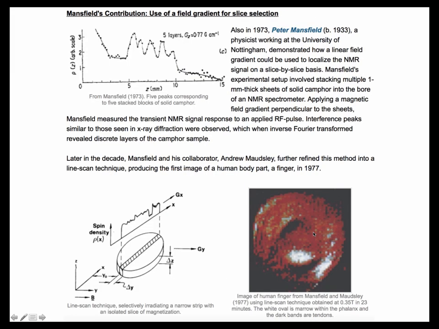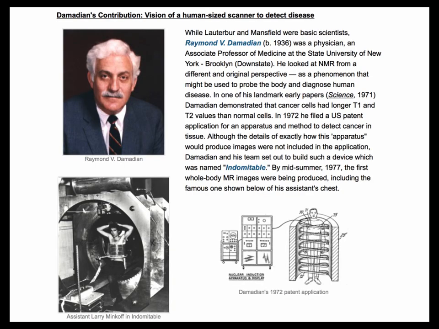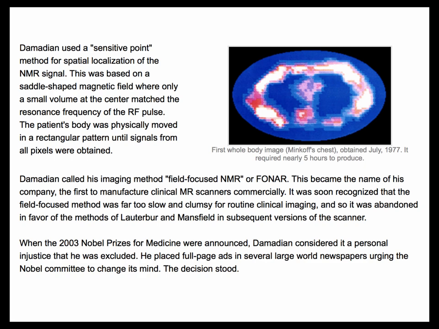Instead of actually using some trick with gradients or back projection, he had one sensitive point where you image, and he basically had to move the person around to actually make the image. And it took an incredibly long time. He called it field-focused NMR. And this was an image which looks really good. It just took forever to create.